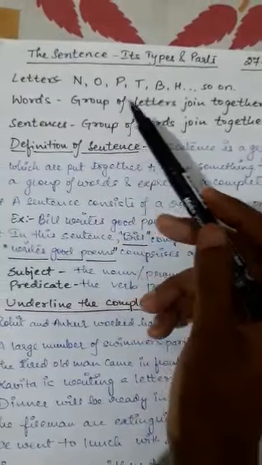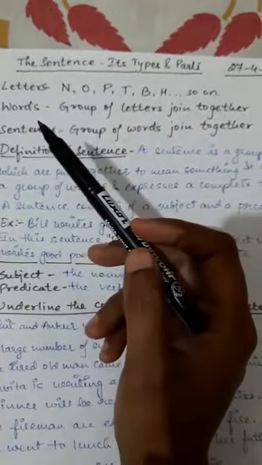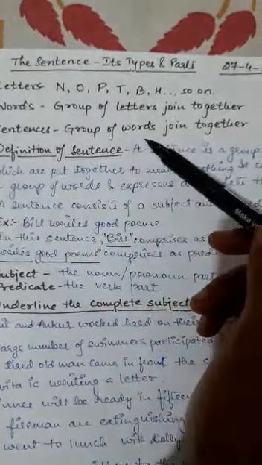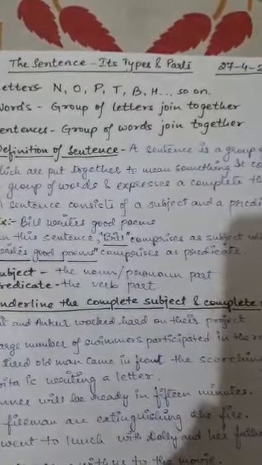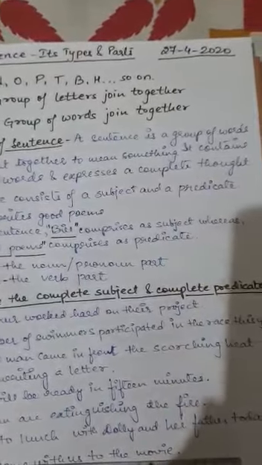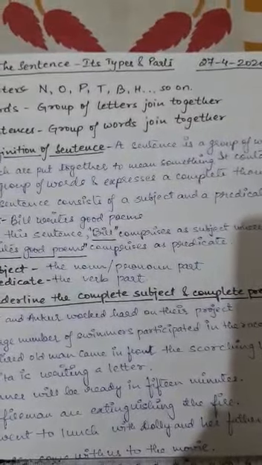That means a group of letters joined together is known as words. And when a group of words join together, it makes a complete sentence with a complete thought. I think you all understand this very well.